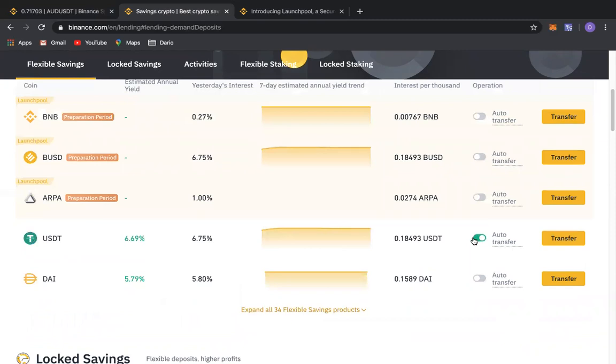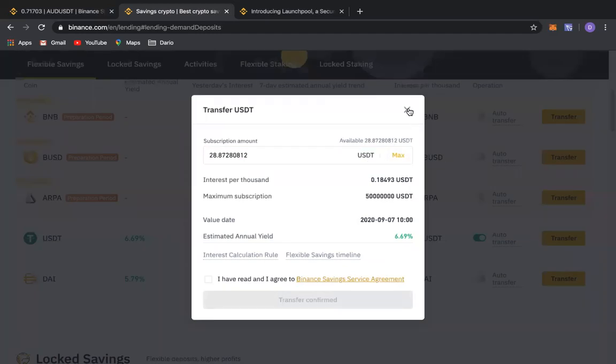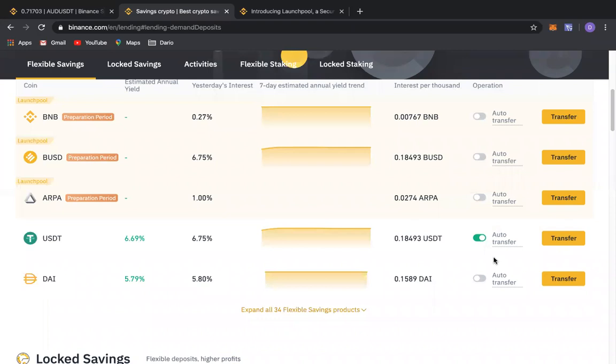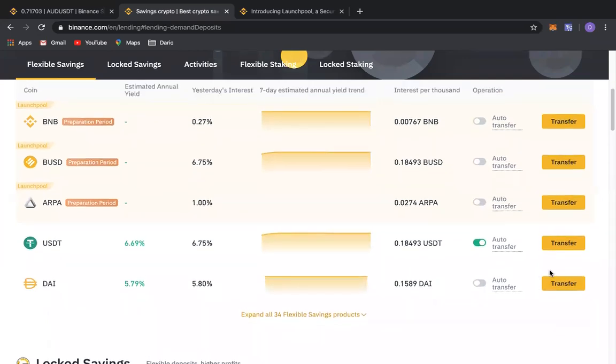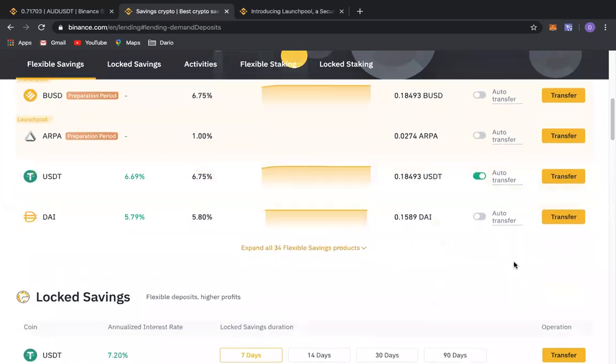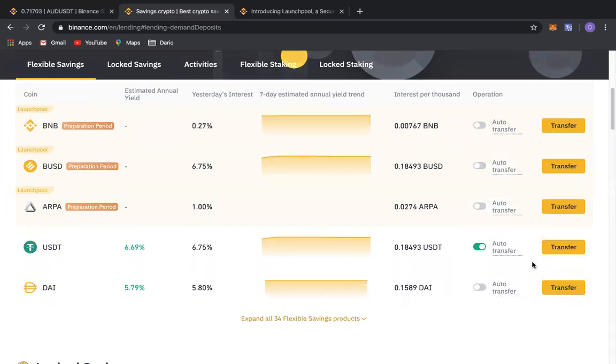So you can transfer USDT into your savings, or if you deposited Australian dollars into Binance and you wanted to dollar cost average into Bitcoin, you could deposit Australian dollars, convert to USDT, and set up an auto transfer here into one of these savings in a particular cryptocurrency, or whatever it is you want to loan or save, and you could set it to transfer automatically after a certain time period.